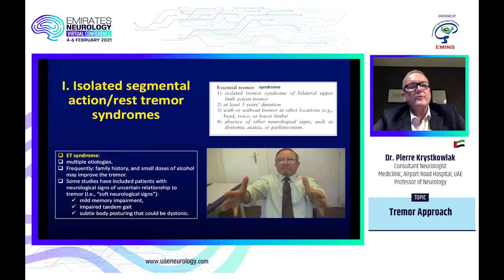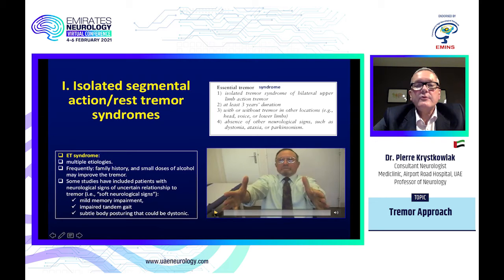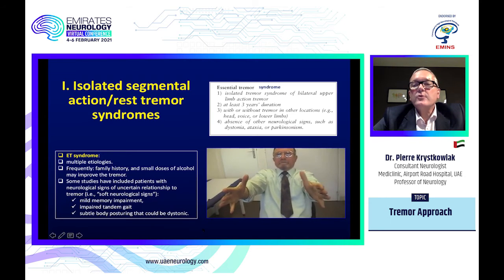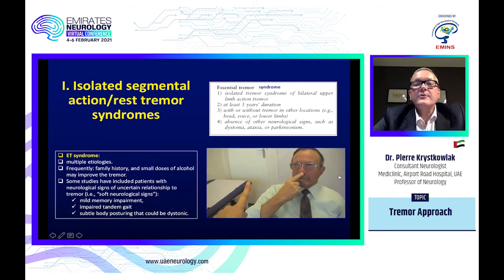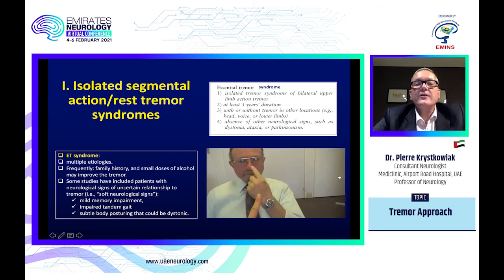So first of all, let's review the first part of this tremor syndrome classification, which is isolated segmental action and rest tremor syndrome. And of course, we're going to find the essential tremor syndrome, which is defined by isolated tremor syndrome of bilateral upper limb action tremor of at least 3 years duration with or without tremor in other locations, for example, head, voice, or lower limbs, with absence of other neurological signs such as dystonia, ataxia, or Parkinsonism.